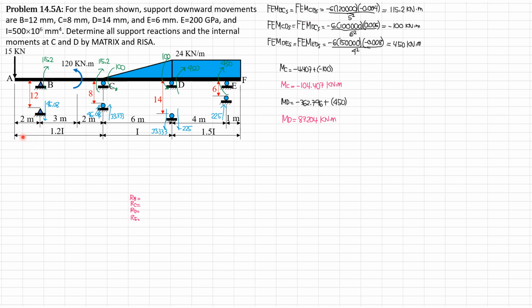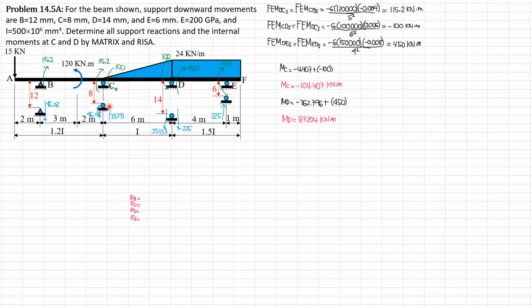In this portion, EI is 120,000 kilonewton meter square, because I is 500 times 10 to the 6 and modulus of elasticity is 200 gigapascals. So the product is 100,000 kilonewton meter square. If I is 1.2 of 500 times 10 to the 6, then EI would be 120,000 kilonewton meter square.